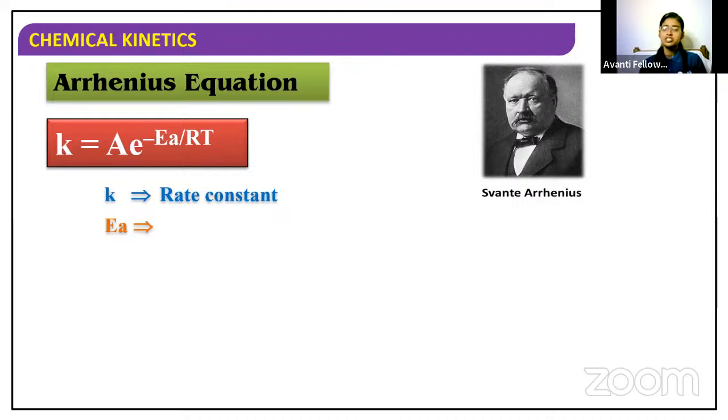It is activation energy, the energy of activation. What is R? You should keep everything at your fingertips. Yesterday only we discussed this. Yeah, R is nothing but the gas constant. Very good.